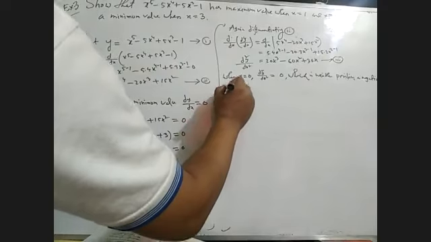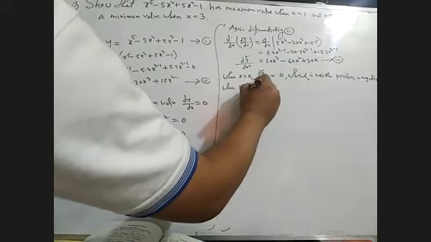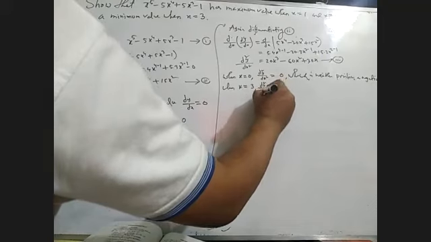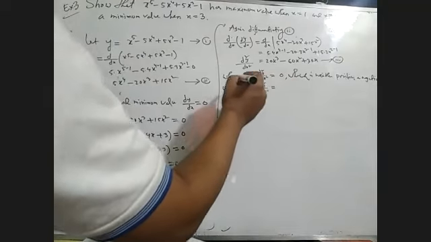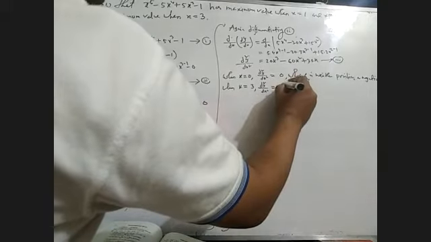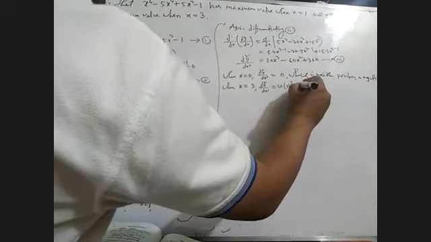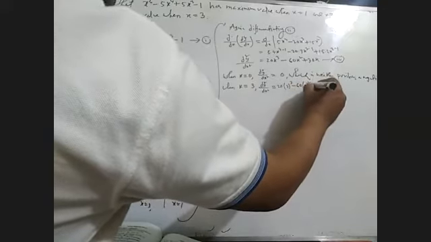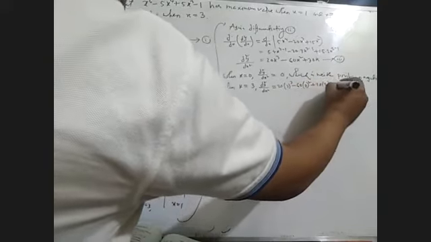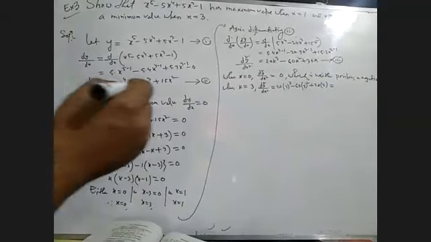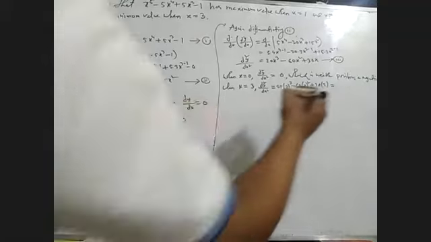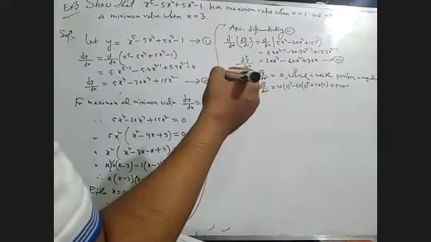Therefore, when x equals 3, d square y by dx square equals 20 into 3 whole cube minus 60 into 3 whole square plus 30 into 3. For x equals 3, 540 minus 540 plus 90 equals 90.